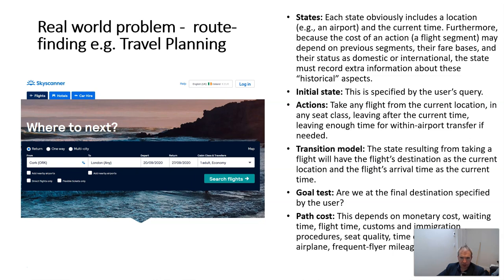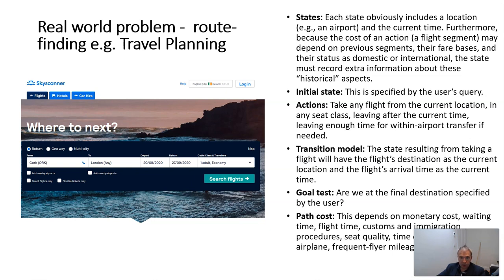The initial state is specified by the user's query, traditionally just where you're flying from, where you're flying to, and the current date and time. And the actions you want to take are where you want to fly to, the seat you want, the time you want to leave, etc.